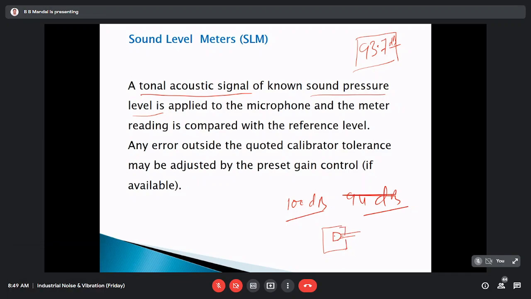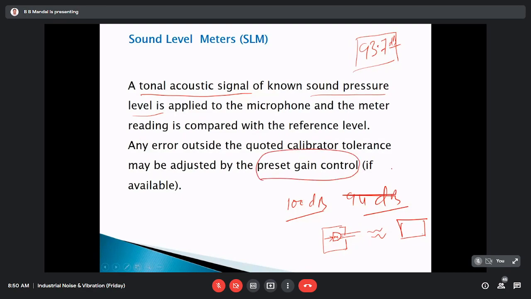The microphone is inside, so it receives no other sound. The generated sound goes directly here, and you see the display.